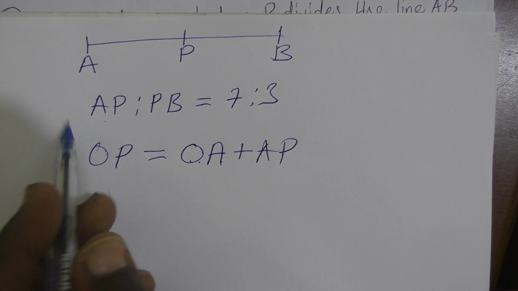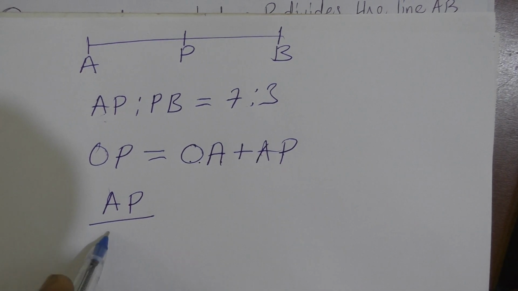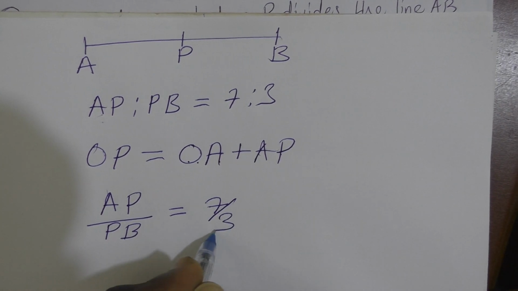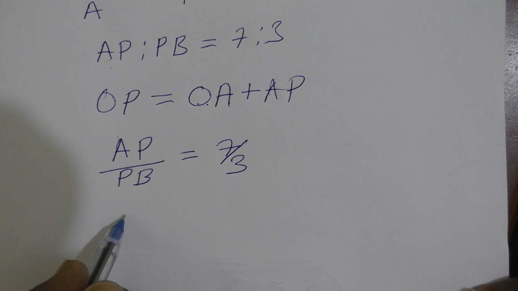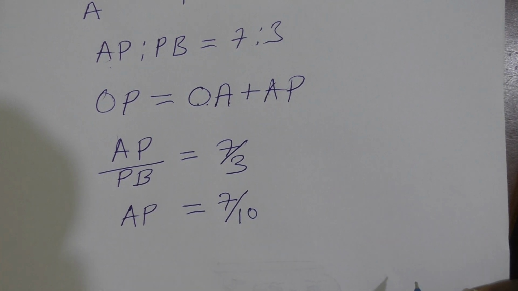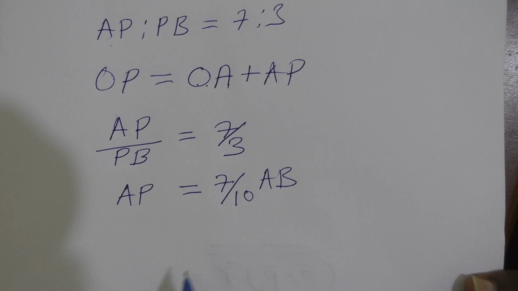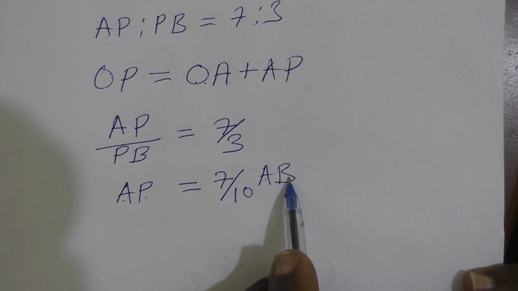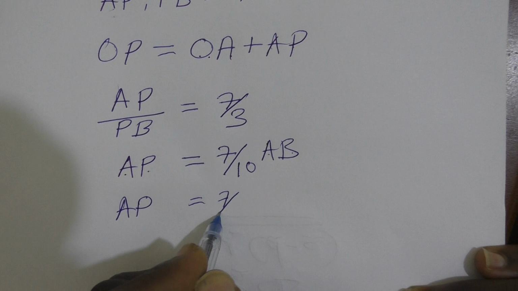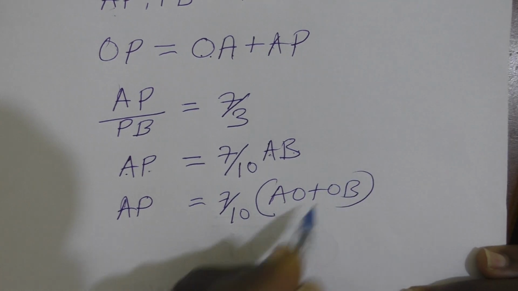That means that from the ratio AP over PB equals to 7 over 3. Or it also shows that AP equals to 7 over the total ratio 10 times AB. And therefore, to get AP, I need to first get AB. So AP is the same as 7 over 10 of AB, which is AO plus OB.